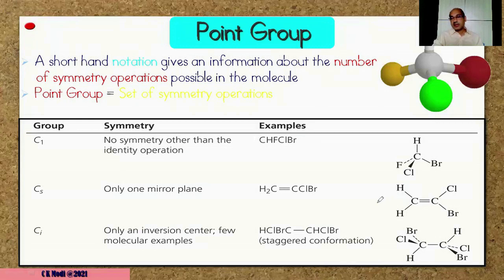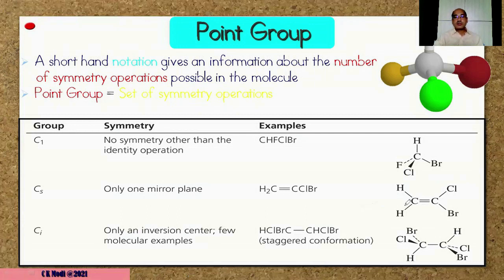Is there any mirror plane present? Yes, there is one mirror plane present. This is a planar molecule, and if we pass the plane in such a way that it divides the atoms into two parts, both parts are mirror images of each other. So this is called the mirror plane sigma. The rest of the symmetry operations are absent.